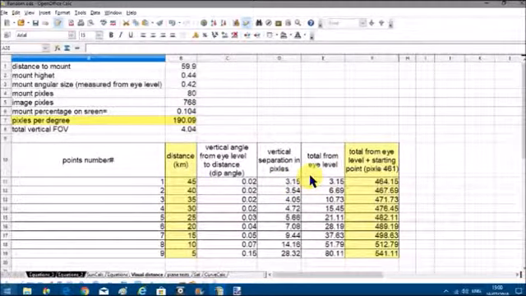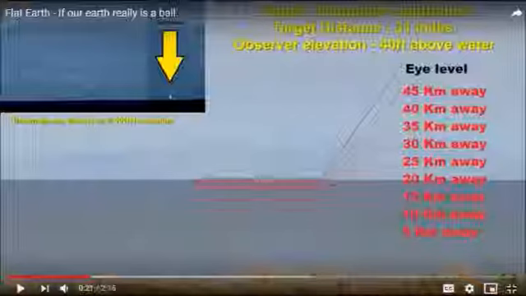So the total drop from eye level is 3 pixels, but the starting point was 461 pixels, so I add that number to 3.15 and it gives me the location of that distance on the image. And I just repeated the equations until a distance of 5 kilometers, and here is the picture.